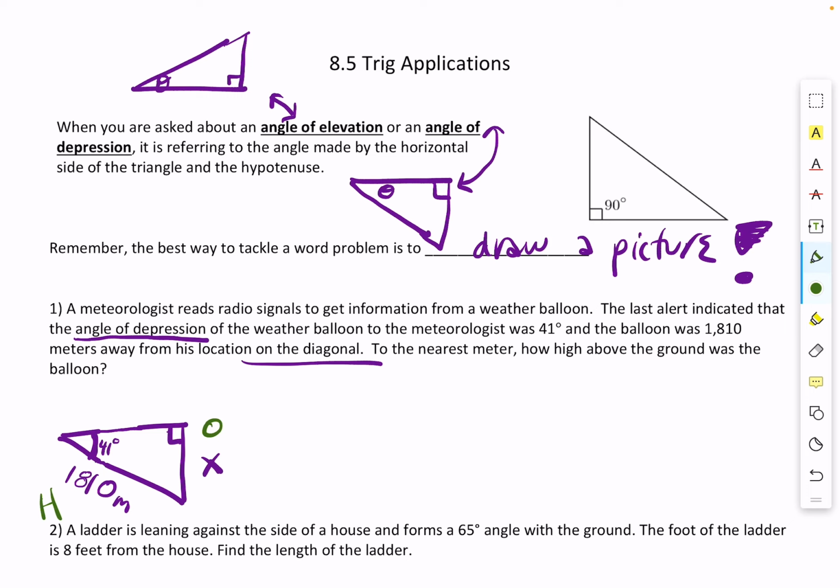So sine 41 equals x, opposite, over hypotenuse 1810. Caitlin, do you have questions about how I set that up? Okay. Now what do I do? Anybody remember? You times it by 1810 on both sides. Good.